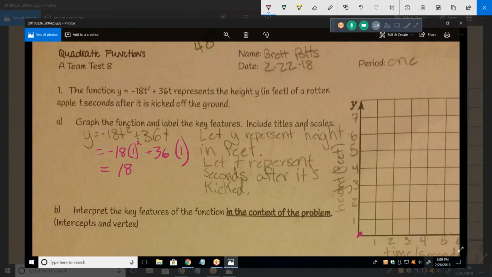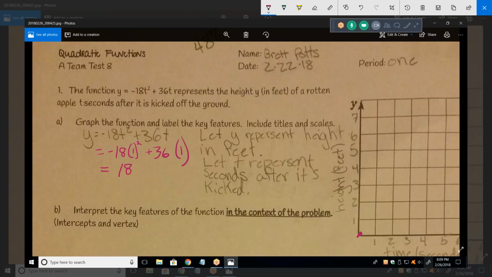Now, the grid she put on the left side of this page, or did you do that? Who put this grid over here? 1, 2, 3, 4, 5, 6, 7 for the y-axis? Oh, I did that. Okay, let's change it, because notice that at 1 second, we are way off the grid.